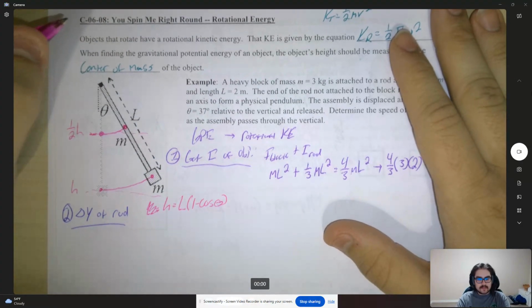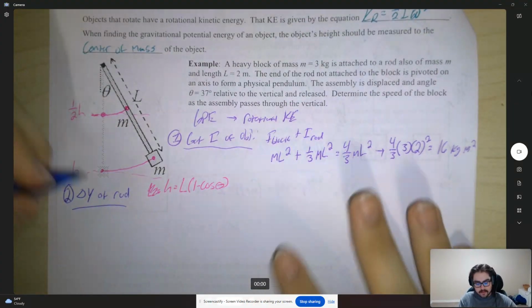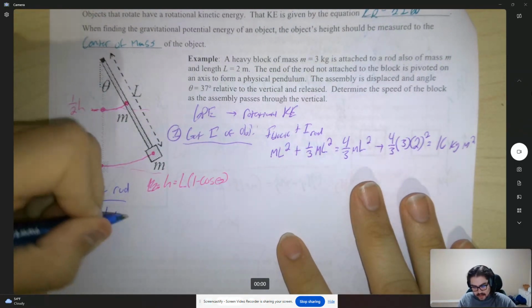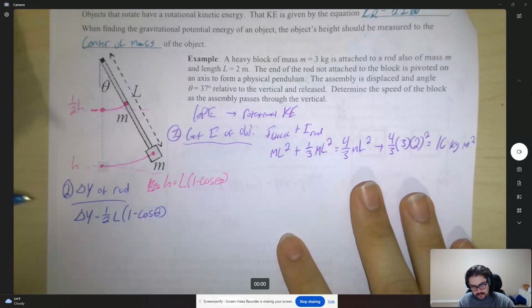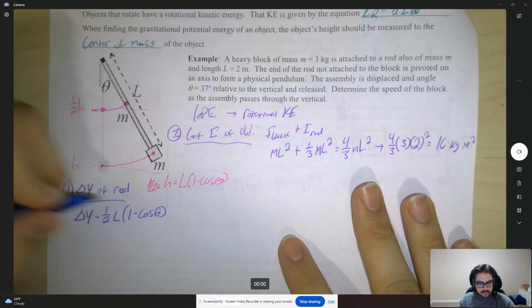So when you do that, you get delta y equals 1/2 L times 1 minus cosine theta. That's specifically of the rod.